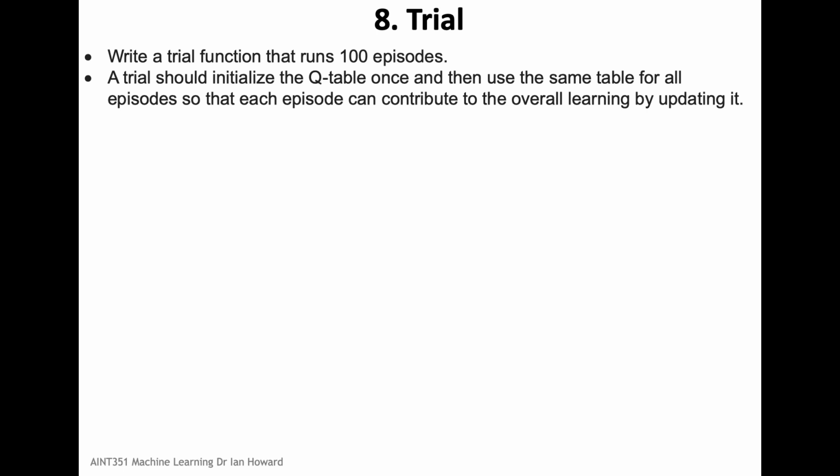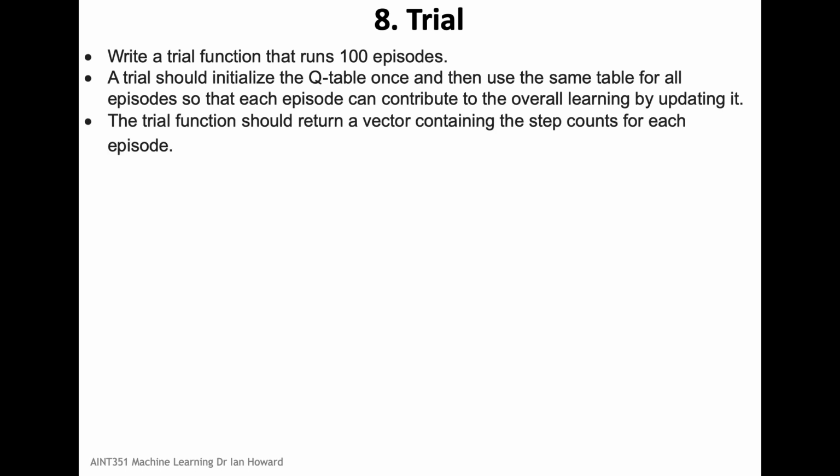A trial then is just going to run across multiple episodes. You might want to do more than 100 on some slightly bigger mazes, but the idea is that you run lots of episodes so you can actually do quite a good job of learning the Q values. You only need to initialize the Q table once in a trial, right? And then you run loads of episodes, and across the episodes it always continues updating the same Q table.